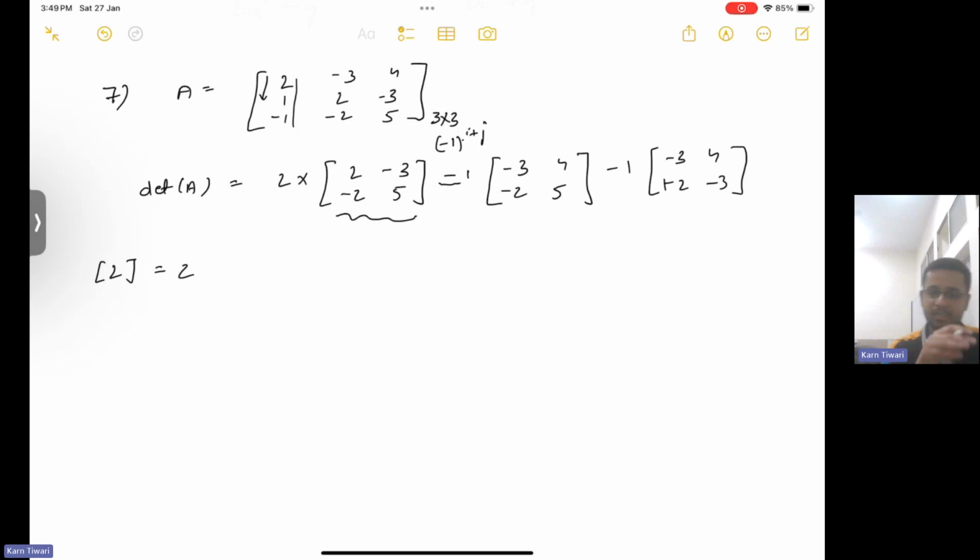In the first case it was 0, 0, so (−1) to the power 0 is 1. In the second case it was 0 plus 1, so that's why minus 1 is coming. Here it was again even. So it goes on alternating plus, minus. So just brush up the concept from 12th standard.